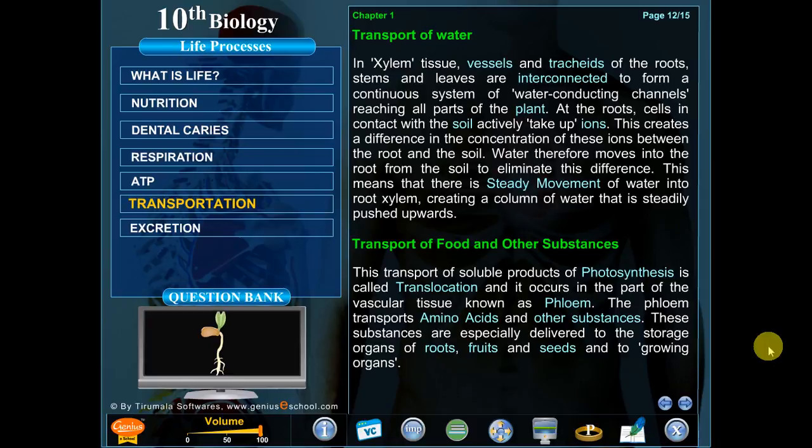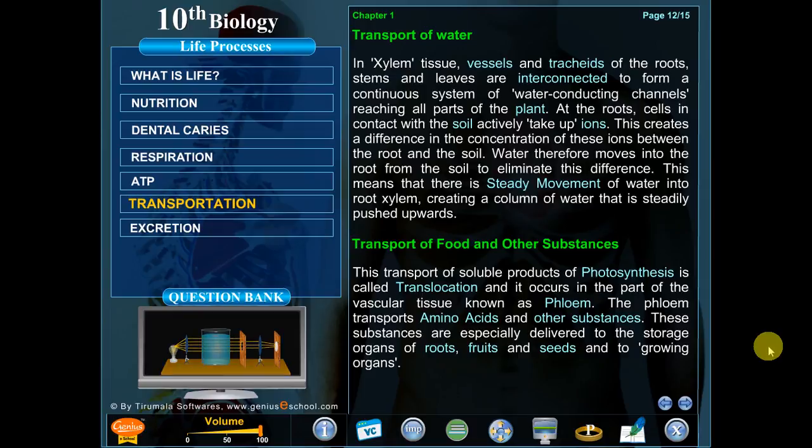This creates a difference in the concentration of these ions between the root and the soil. Water therefore moves into the root from the soil to eliminate this difference. This means that there is steady movement of water into root xylem, creating a column of water that is steadily pushed upwards.